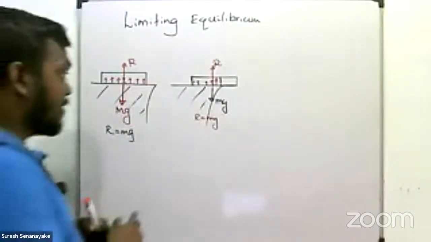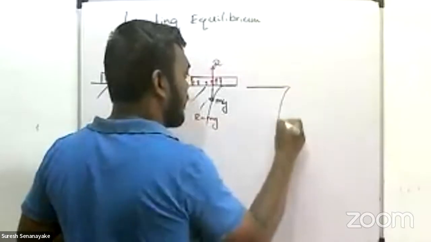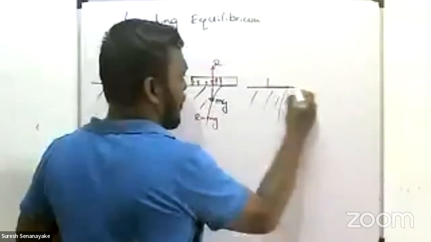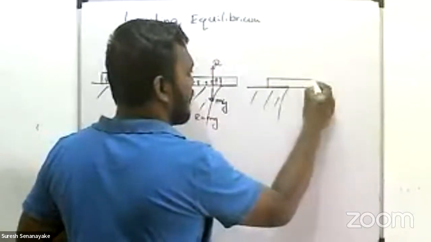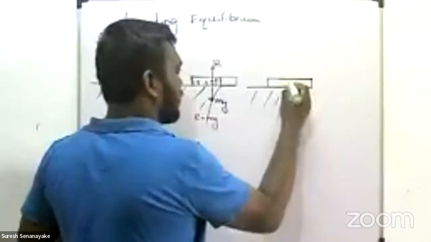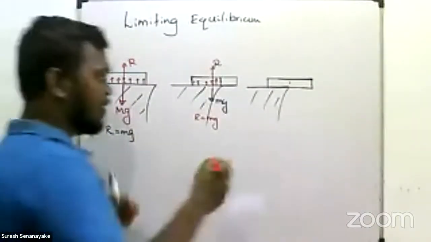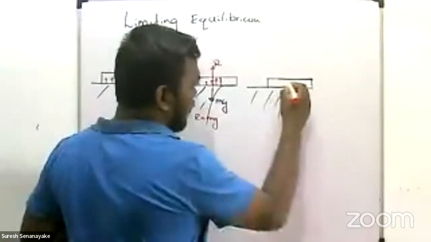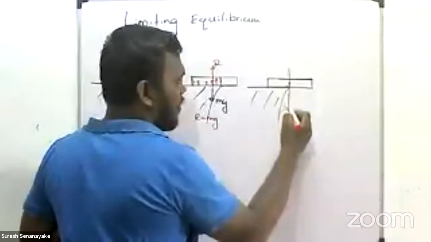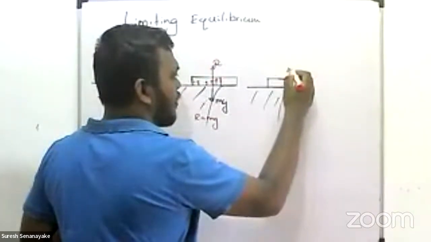Now let's see, if I take this body with half of its length out, considering a uniform body, the weight acts on this body at the edge of the table. Our total reaction should also act at the edge.